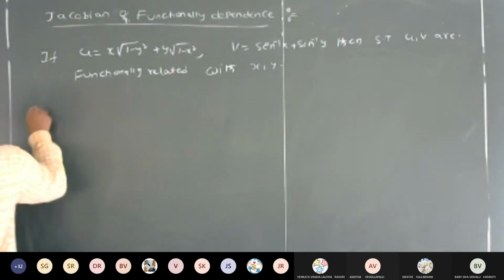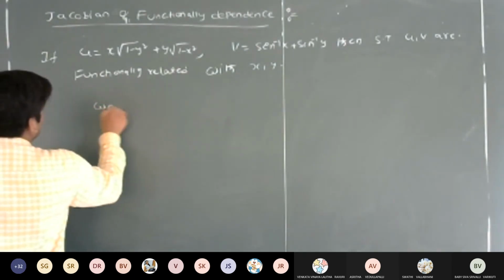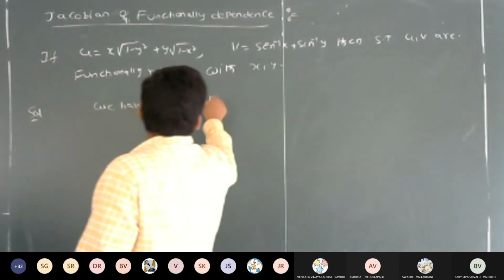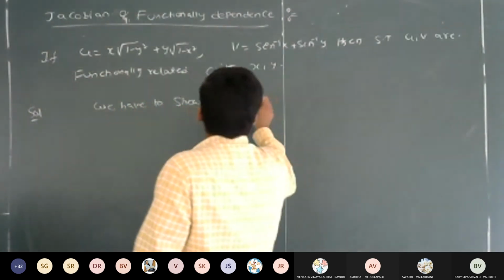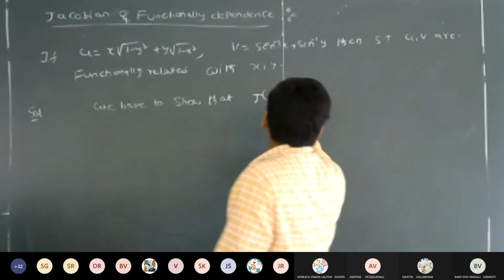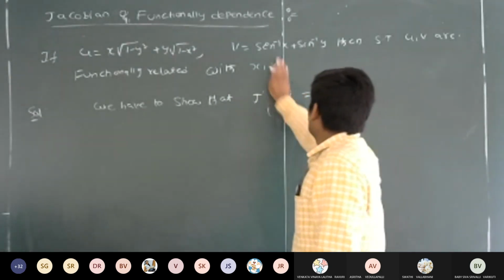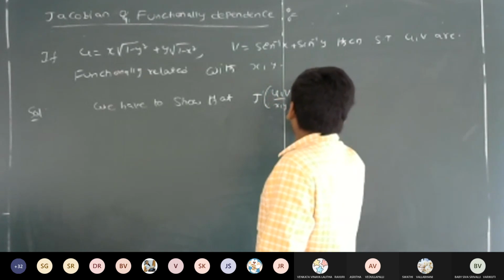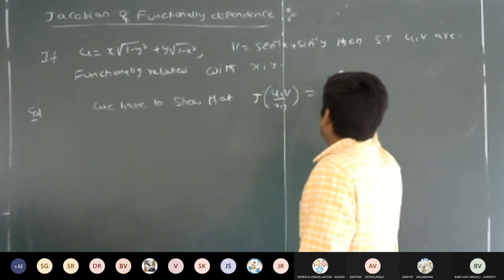So write down. We have to show that the Jacobian of u, v by x, y is equal to 0.